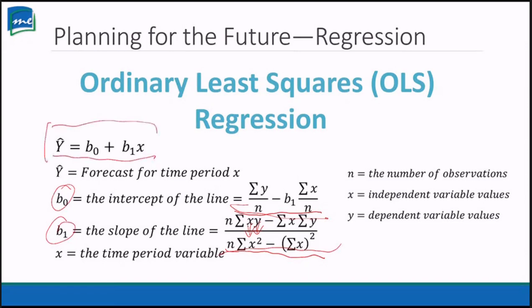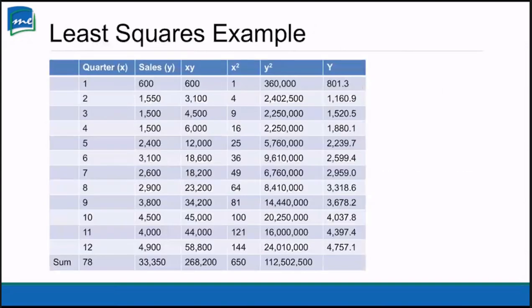We make x equal to the period we want to forecast, and then we will know the forecast for that time period. So this is the general idea of ordinary least squares regression. The basic idea is for us to find b0 and b1.